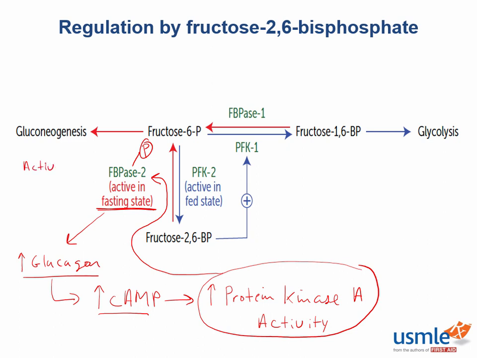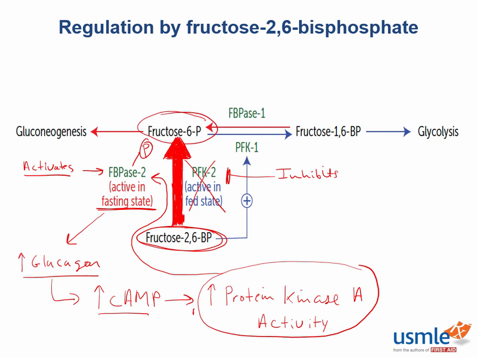This phosphate group activates fructose bisphosphatase 2 and inhibits phosphofructokinase 2. This means that you're going to be converting the side molecule of fructose 2,6-bisphosphate into fructose 6-phosphate and inhibiting the opposite reaction. Now this in turn allows gluconeogenesis to proceed and replenish blood glucose levels, which makes sense since you are in the fasting state.